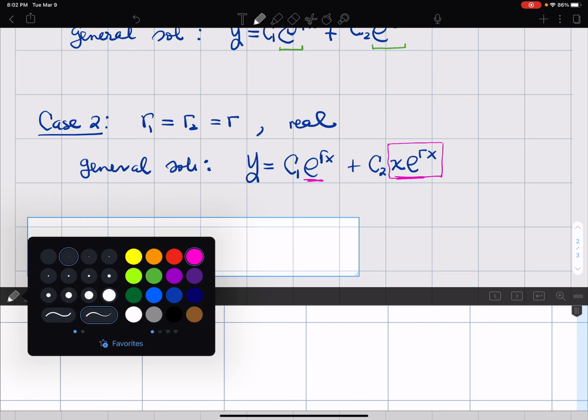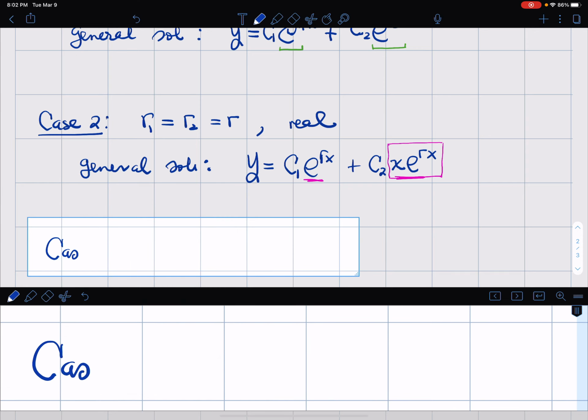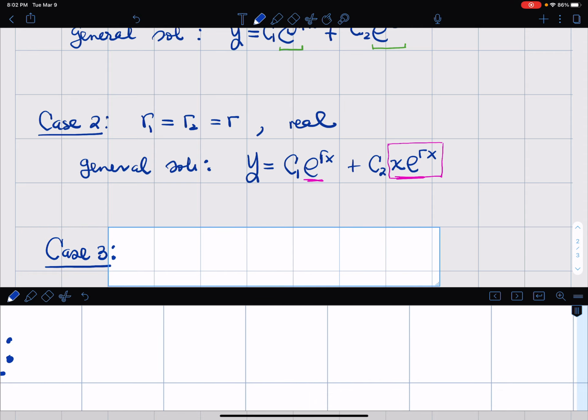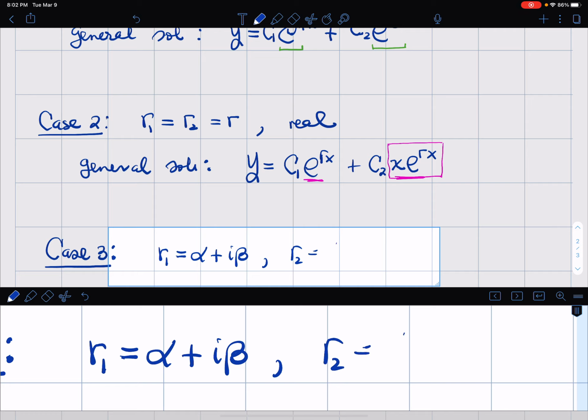So let's go ahead and look at case 3. Let's say r1 is equal to alpha plus i beta. So r1 is a complex number and r2 is its conjugate, alpha minus i beta. Okay?